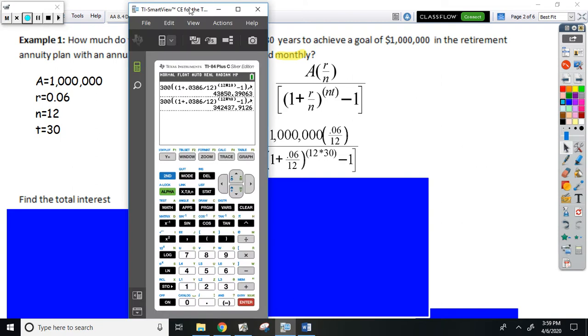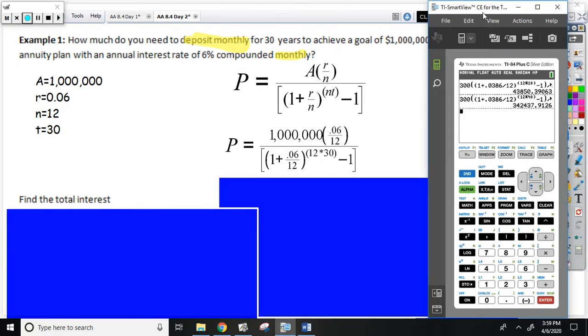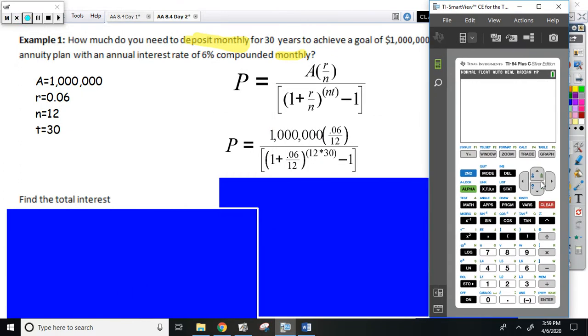Again, please practice this on whatever calculator you plan on using for the mini quiz, as that's the biggest mistake: students punch it in wrong. So we have $1 million, parentheses, 0.06 divided by 12. Close your parentheses. Then we put a division bar for the big fraction bar.